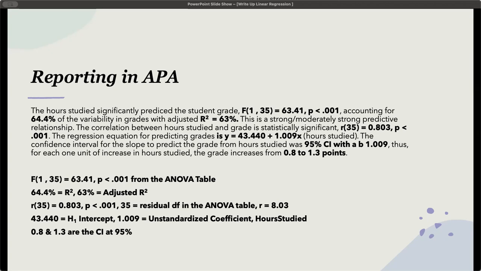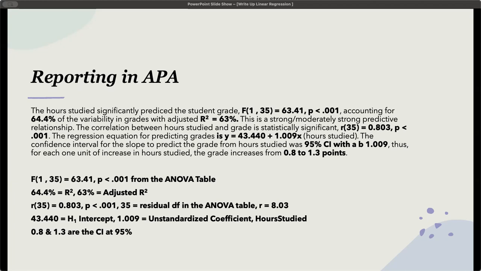The confidence interval for the slope to predict the grade from hours studied was 95% confidence intervals with a B of 1.009. Thus, for each 1 unit of increase in hours studied, the grade increases from 0.8 to 1.3 points. 0.8 and 1.3 are the confidence intervals at 95%.